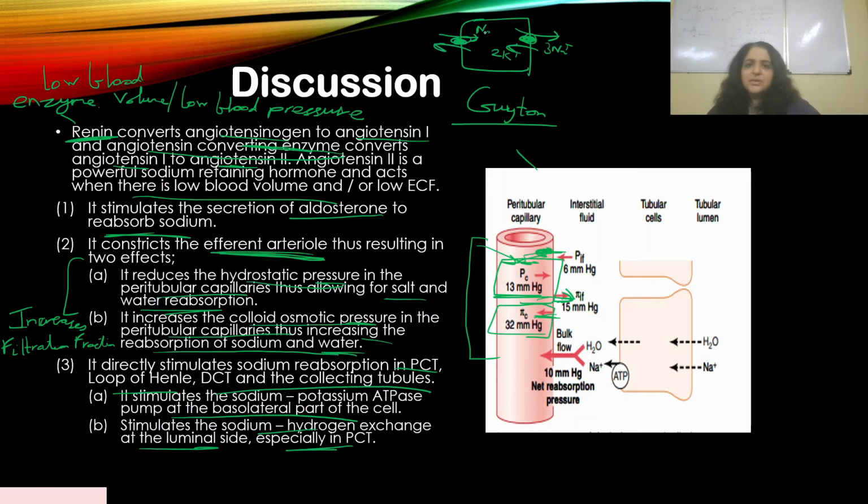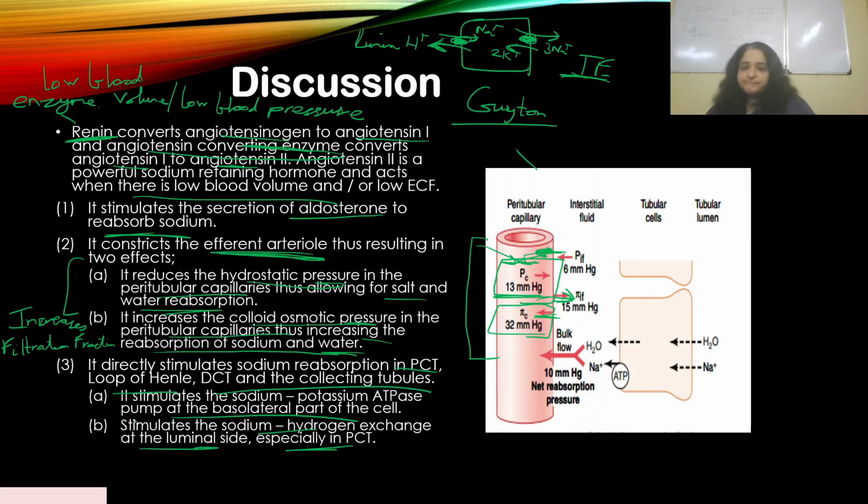Sodium enters and hydrogen moves out. This is the luminal side, and this is the interstitial fluid side. At the luminal side, H plus ions are secreted out and sodium ions enter. So the sodium potassium ATPase pump creates a concentration gradient over here.